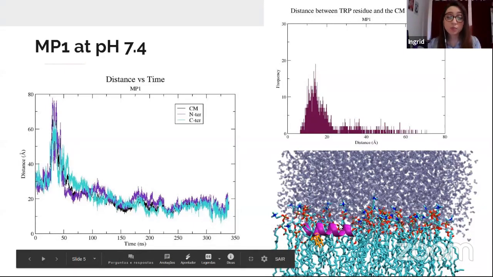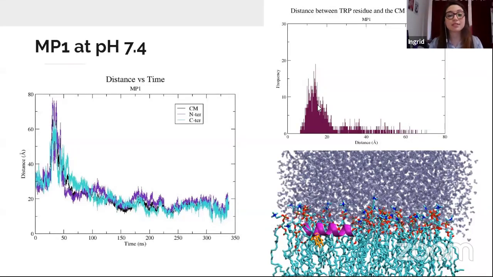We have another experimental result by fluorescence that shows that the tryptophan tends to stay inserted at the interface between the hydrophilic and hydrophobic parts of the lipid bilayer, which is around 16 to 17 angstrom from the center of mass. I made a histogram of this distance between the tryptophan and the center of mass of the bilayer, and the most frequent distance in my simulation is 16 angstrom.